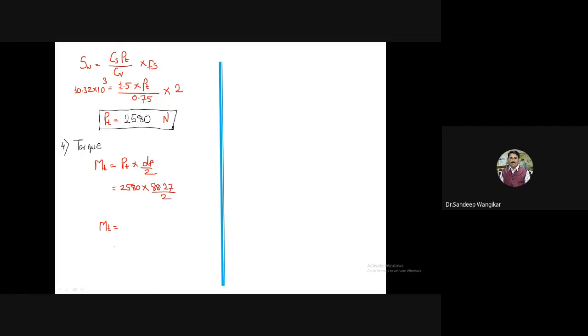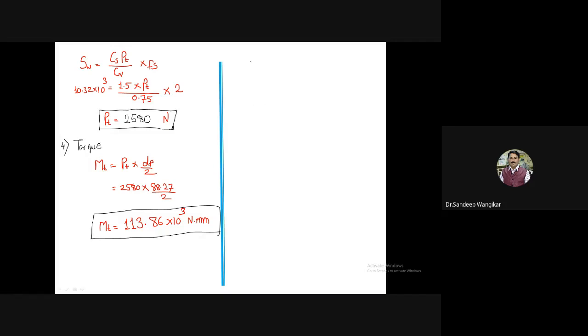Okay, so I will say here 113.86 into 10 raised to 3, and the unit will be Newton millimeter. This is your value for MT.